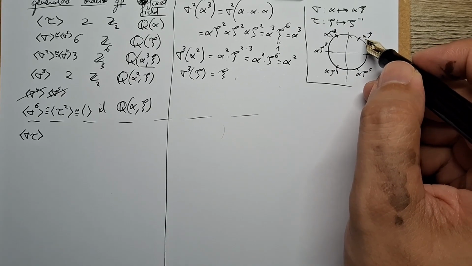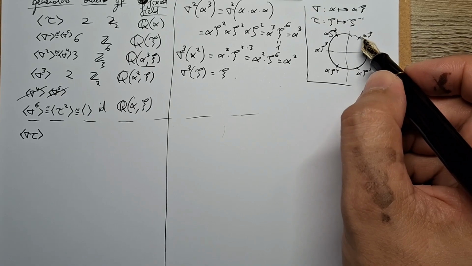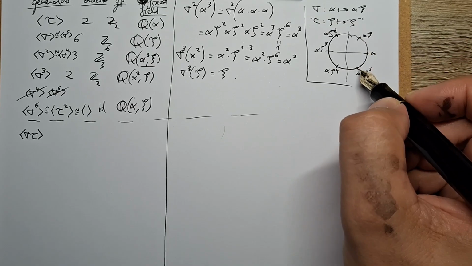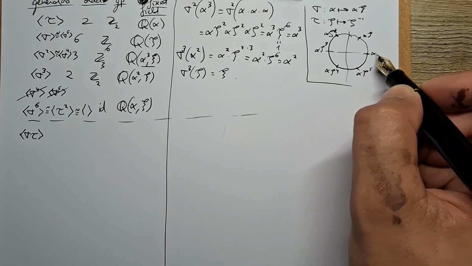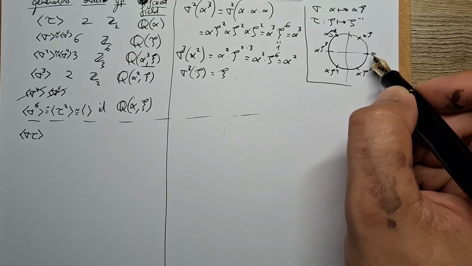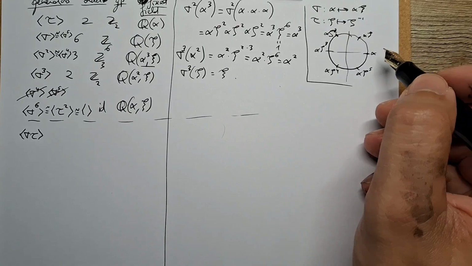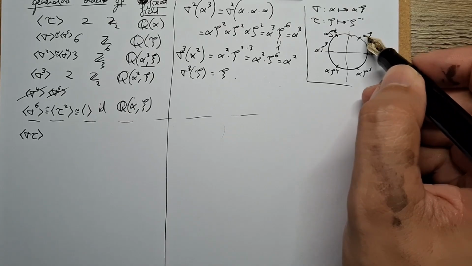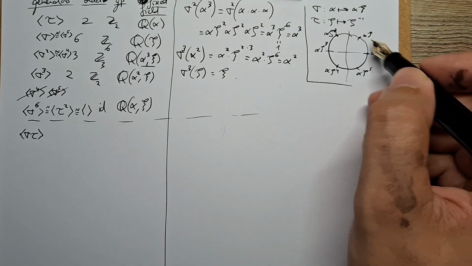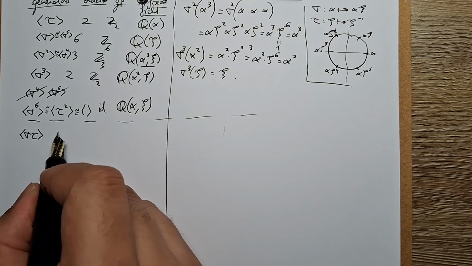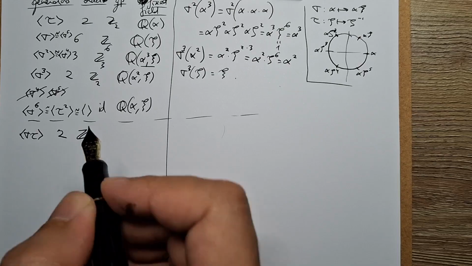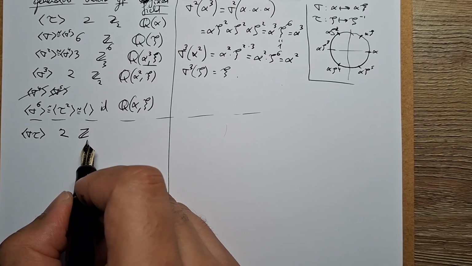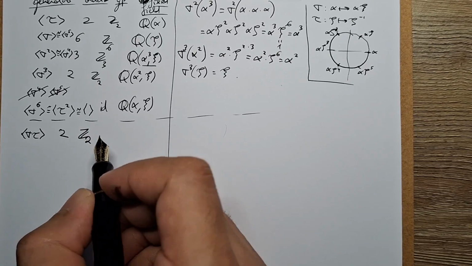Now we apply sigma tau again. So first we apply tau, look, it flips, we are now here, and then we apply sigma, and we are back at the initial starting point. So the 2 elements that we found are alpha and alpha multiplied by theta, 2 elements. So this is order 2, which is isomorphic to the integers modulo 2.